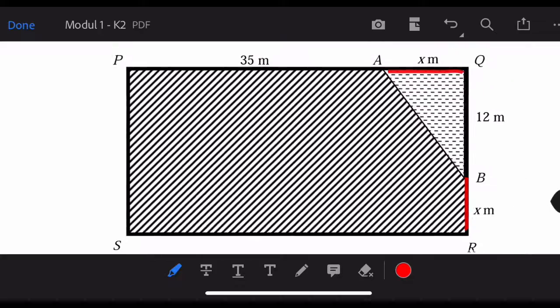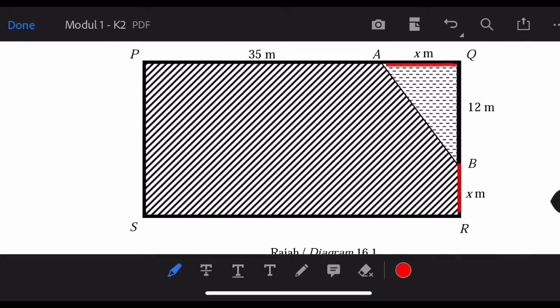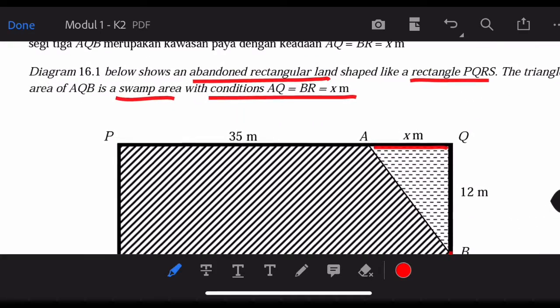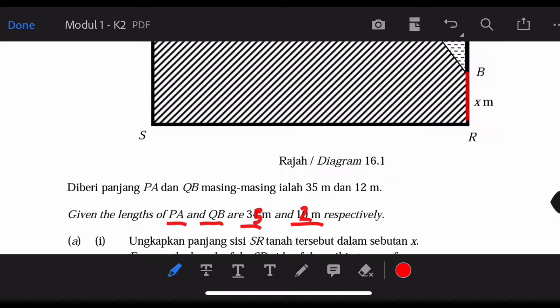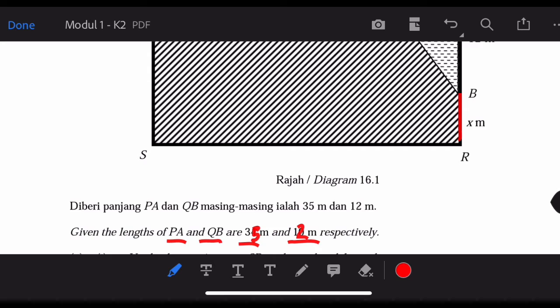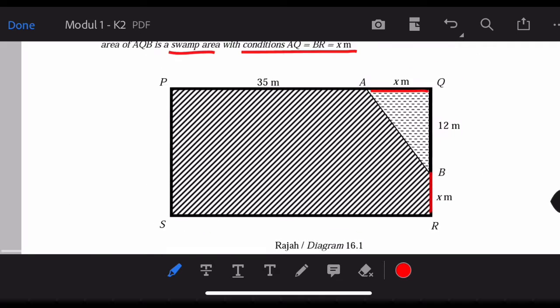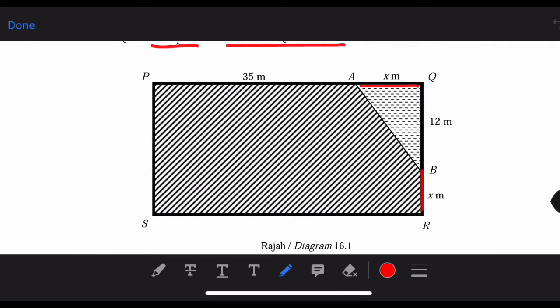So let's see SR. Okay, we are given SR here equal to 35 plus X. Right, so SR equal to 35 plus X meter.